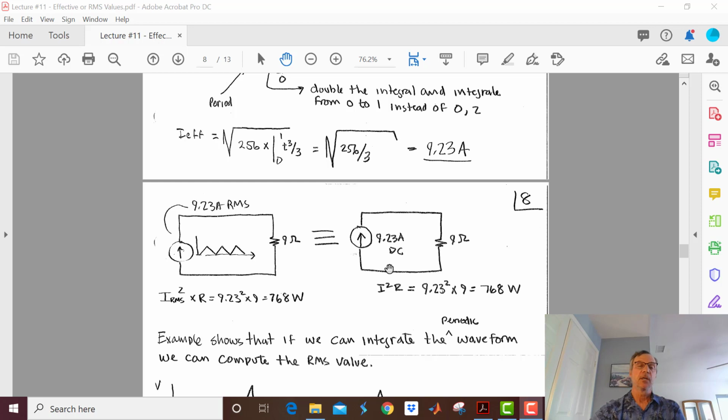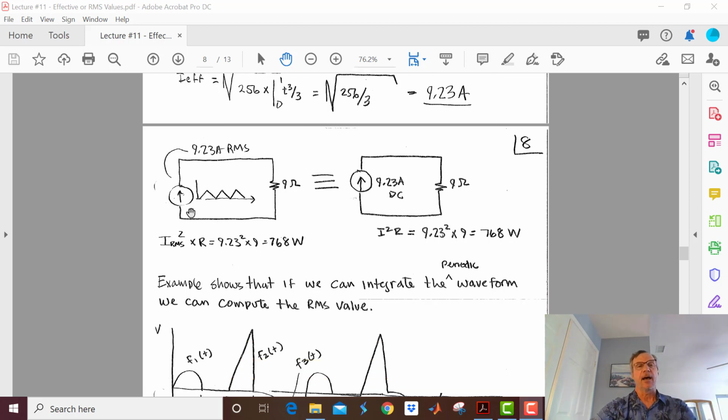What that means is that I have my AC source right here, and it's doing its little triangle wave thing, and we're going to put that current into this 9 ohm resistor, and we're going to get the exact same power in the 9 ohm resistor as if we had a 9.23 amp DC source.